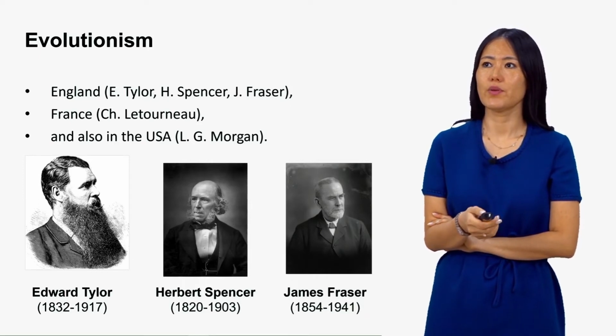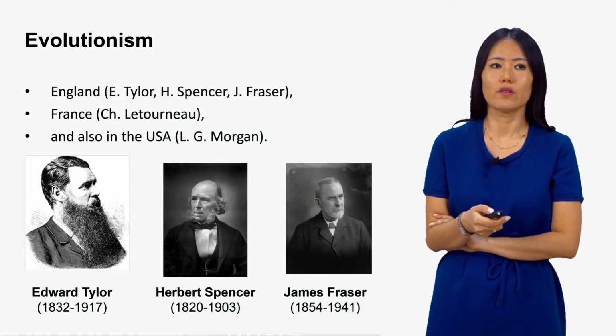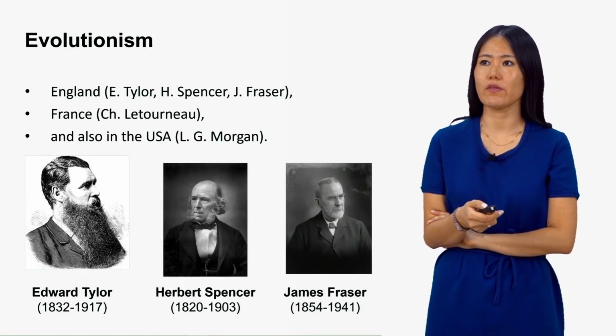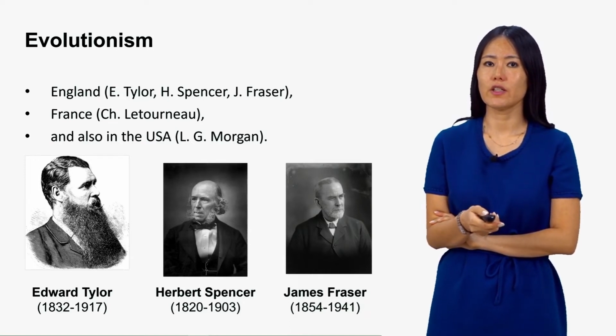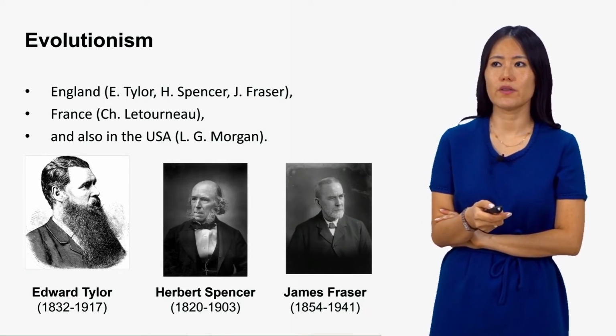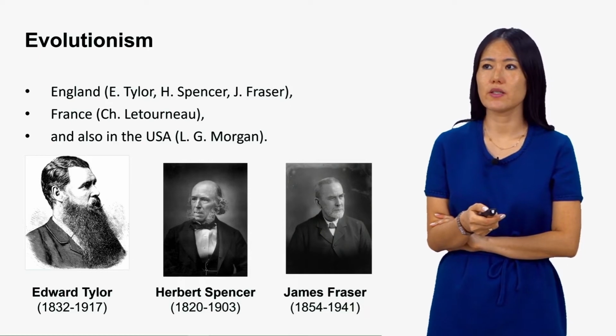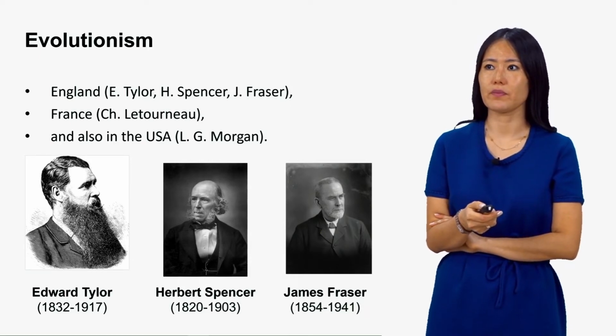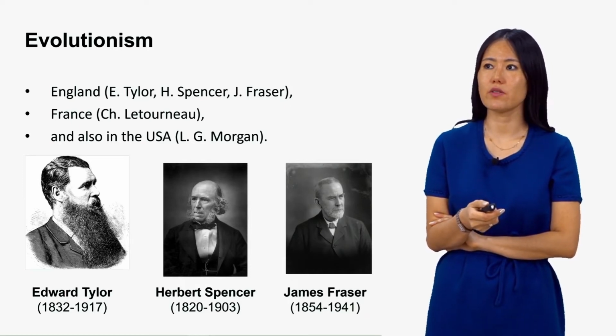Tyler was an English prominent anthropologist, the founder of cultural anthropology, and he maintained that all societies passed through three basic stages of development. So we can say about evolutionism of humanity from savagery through barbarism to civilization.